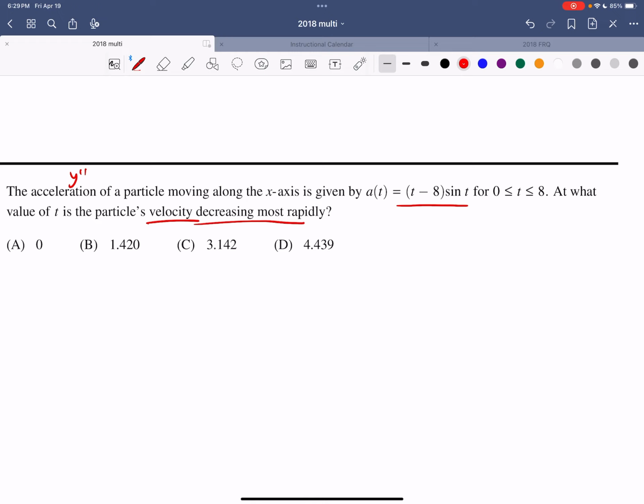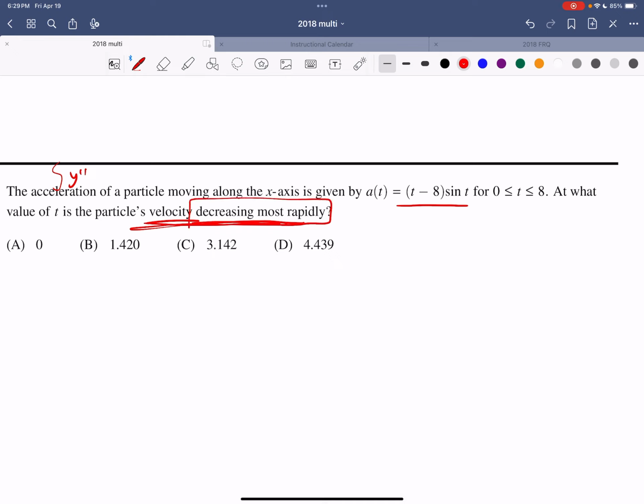So here's the reason. Let's say we are talking about the speed. Where does it have the lowest? Let's make it simple. You're looking for the velocity, which means the antiderivative of this one that has the most decreasing part, right?